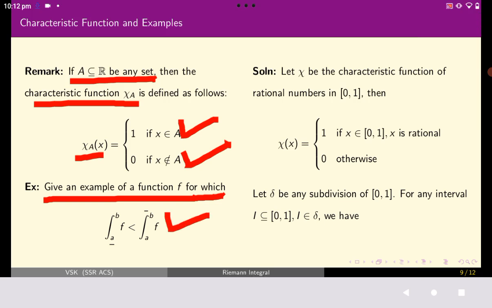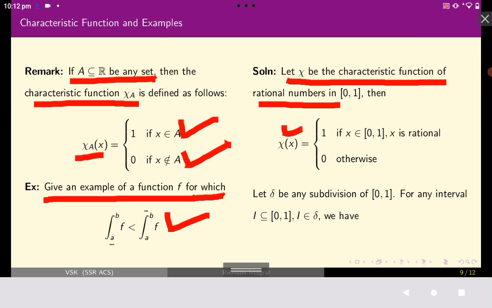So let us take chi A, the characteristic function of the rational numbers in [0,1]. Then chi A(x), according to this definition, will be 1 if x belongs to [0,1] and x is rational, and its value is 0 otherwise.